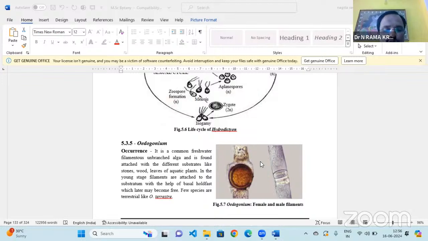The mature thallus is a hollow tube with a wall of one cell thickness. Minimum it is 4 to 5 centimeters in area that comes outside the holdfast. So this is the Enteromorpha thallus structure.